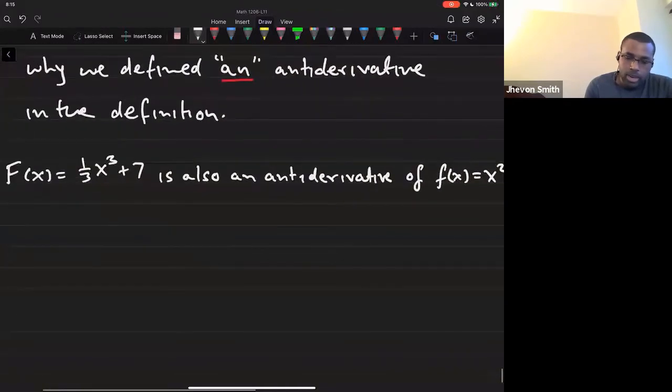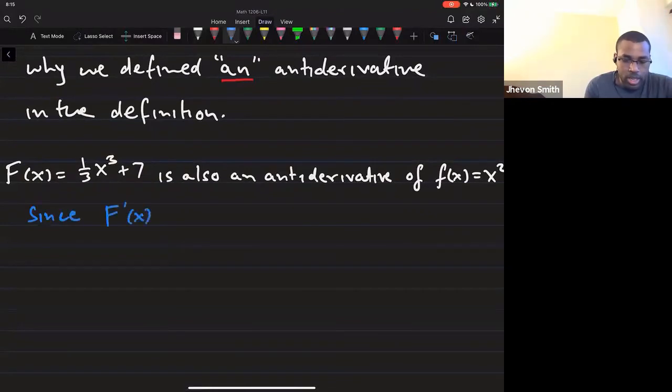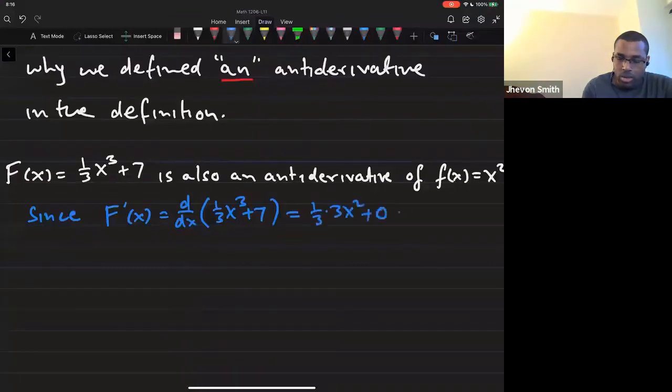And again, that can be seen easily, since if I were to take F prime of x in this case, that's like d dx of 1/3 x cubed plus 7. That's going to be 1/3 times 3x squared plus 0, which is x squared. I can get x squared again.